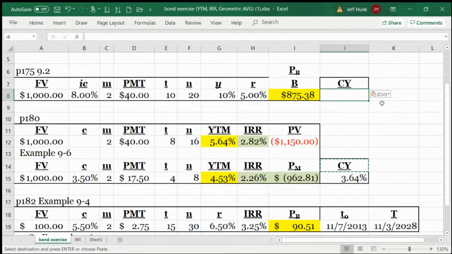So current yield means short-term yield, and what is the maximum you can earn within the short term, within 1 year? The maximum you can earn within 1 year is basically 1 year of coupons, isn't it?